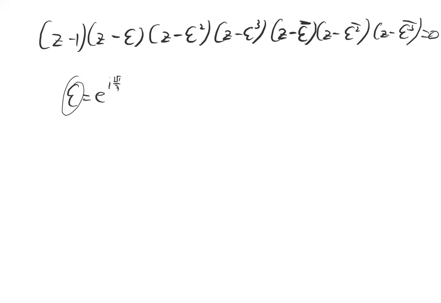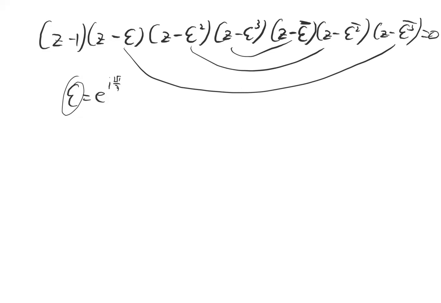And if we see conjugates happening in a function, we always want to group them together, because then we can eliminate the imaginary terms. And if we eliminate the imaginary terms, we'll be able to compute the value of the cosines, which are the real parts. This is all we're doing since the start, when we did z to the power of 7 minus 1 equals 0, because we want to compute the values of cosine 2 pi over 7 so that we can get a, b, c, and then find the final answer.